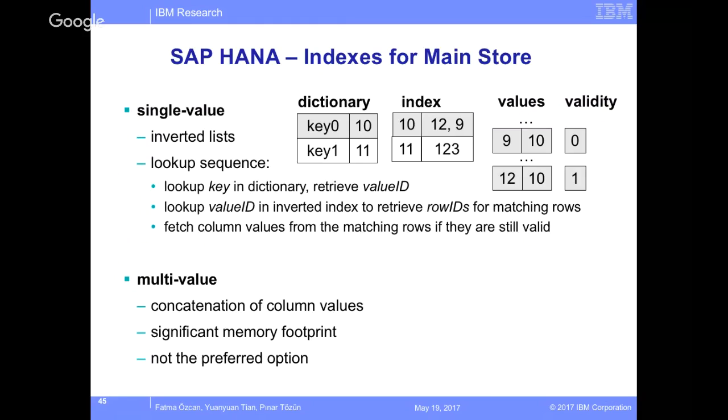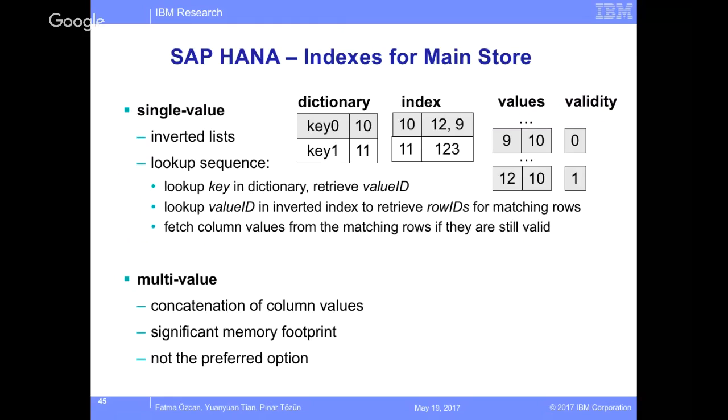Now, as for indexes in this design, you can have a single column index for different columns. Since the column store side has dictionary compression and that dictionary is sorted, you have an inverted index that depends on that dictionary.